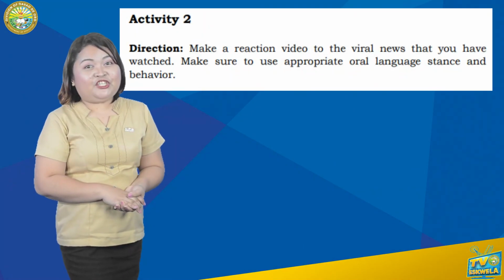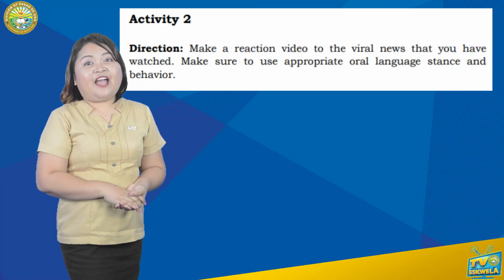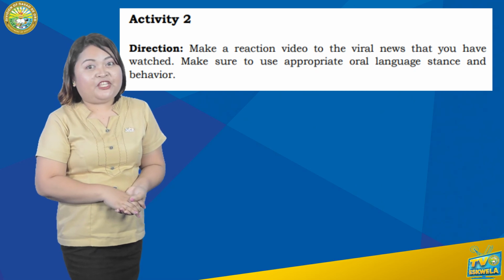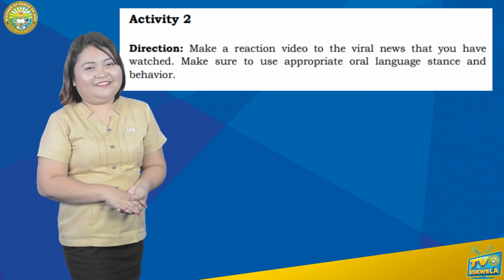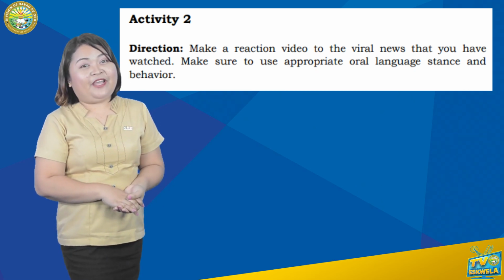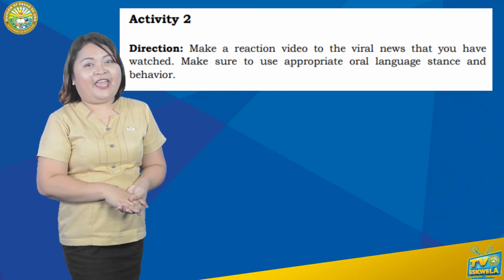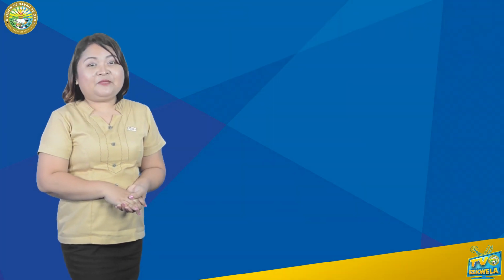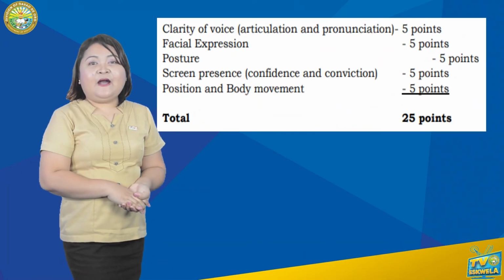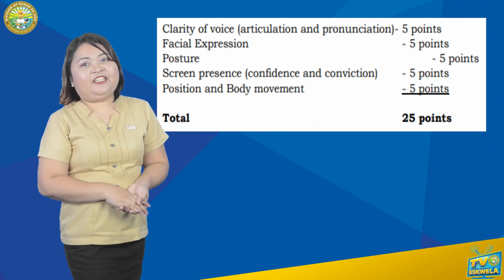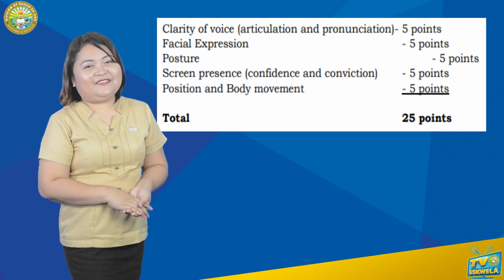Directions for Activity 2. Make a reaction video to the viral news that you have watched. Make sure to use appropriate oral language, stance, and behavior. Please be guided by the following criteria for evaluation. Clarity of voice, articulation and pronunciation, 5 points.